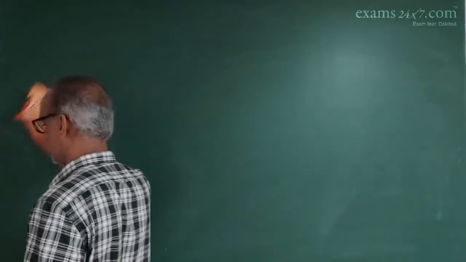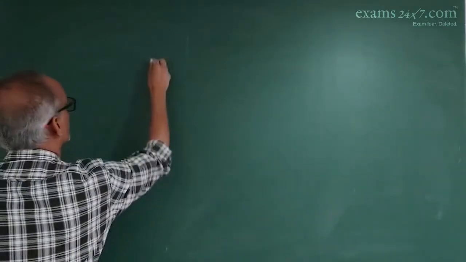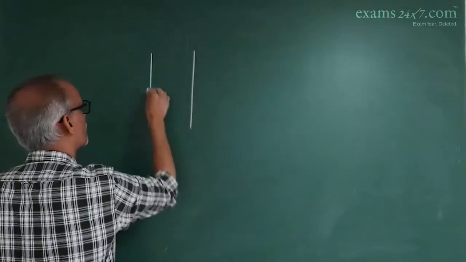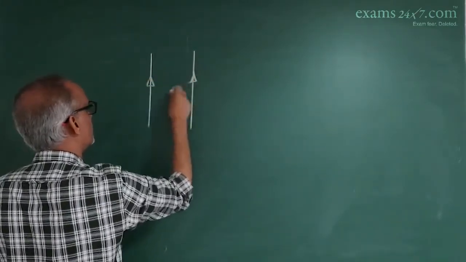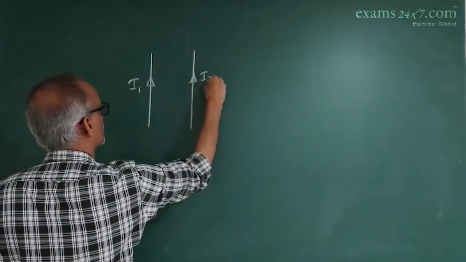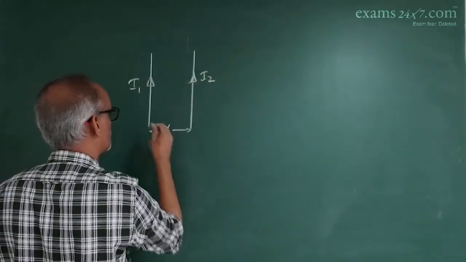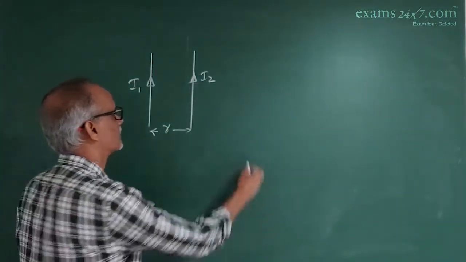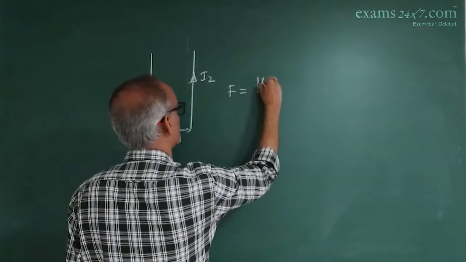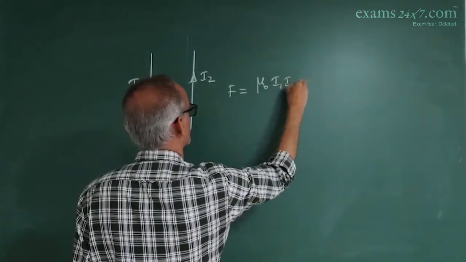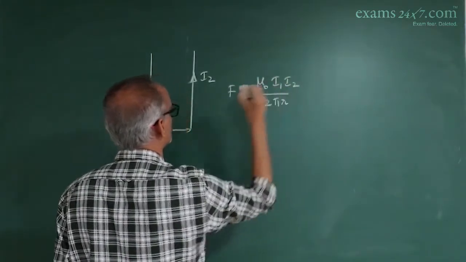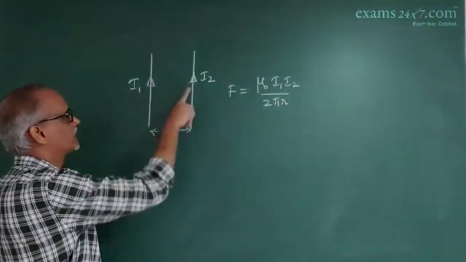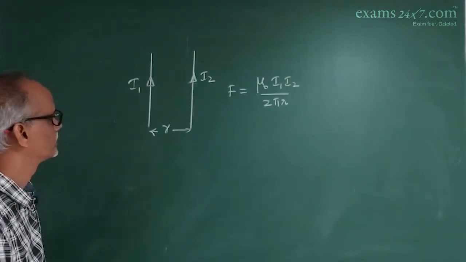By using the mechanical force experienced by a current carrying conductor, we can even find the force between two long straight parallel conductors carrying current, which is given by F is equal to mu naught I1 I2 by 2 pi r, where r is the separation between the two conductors and I1, I2 are the currents through both.